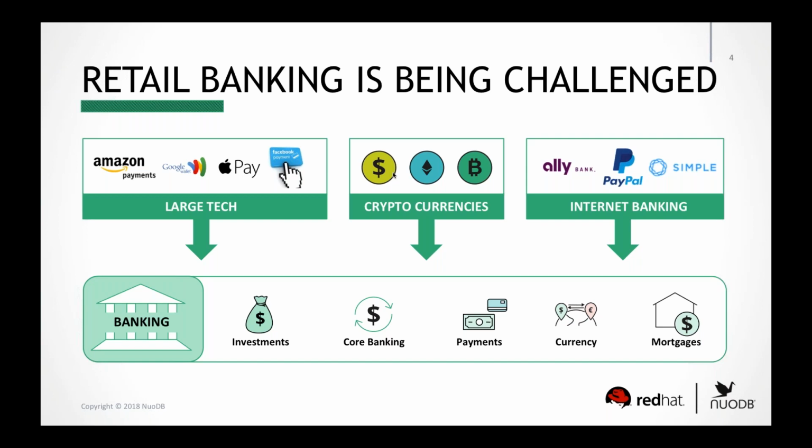One example is pure internet players like PayPal or Quicken, who start carving out certain parts of the banking business because they're much better at doing one thing and one thing only. They perfect that particular line of business, and they're able to attract a lot of customers to do mortgages or payments with them. So that's one area where there's a lot of pressure coming from outside of the banking world.